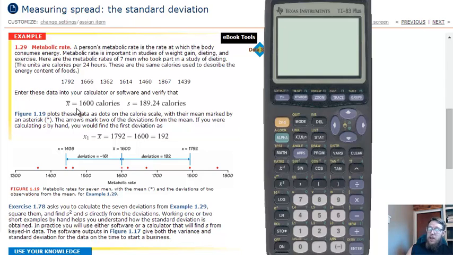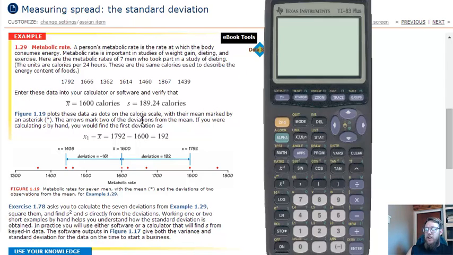So how did I know this is sample? So X bar and S means sample. S is sample standard deviation. If you had sigma or mu, that would be the population mean, and sigma for the population standard deviation. That's important to know because you don't always know whether or not to use the n-1 or divide by n in the standard deviation formula.